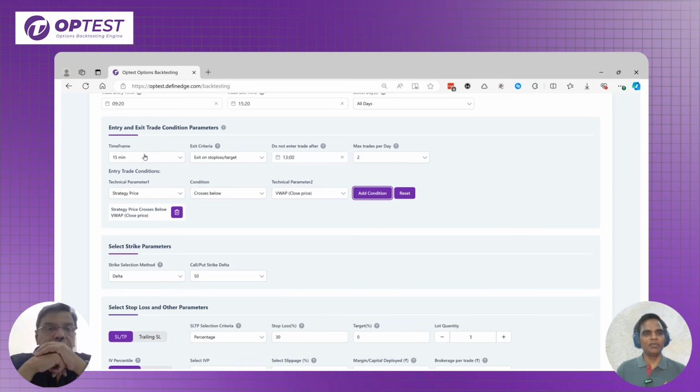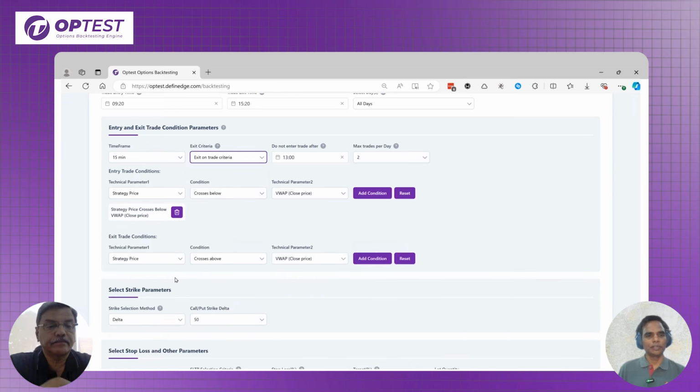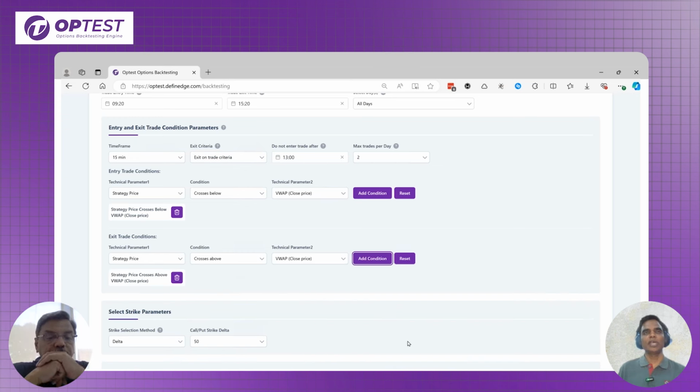And this is a 15-minute time frame for plotting the VWAP chart. Now we select the exit criteria. Here, when the strategy price crosses above VWAP, then you exit. So when it goes below, you enter. When it goes above, you exit.